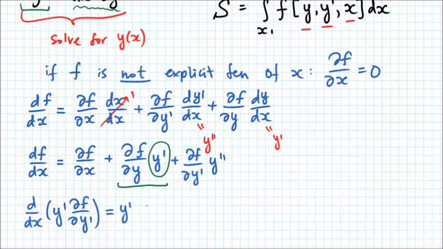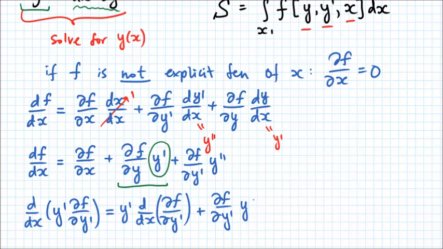So first we get y prime, and then full derivative d dx of partial derivative of f with respect to y prime, plus now we get the second term, multiplier df dy prime, and then full derivative of y prime, which gives us y double prime.